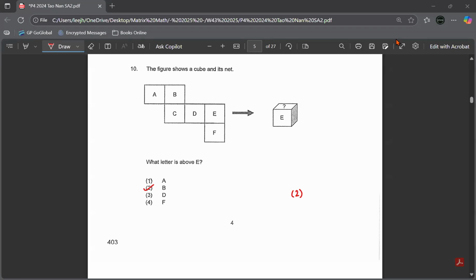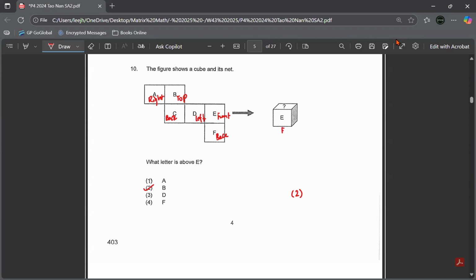Okay, sorry, this is the front. So when you flip, this will be the base. If this is the front, that means this is the left, and this will be the back. So that means this one will flip up to the top, and this is the right. Okay, so the answer is actually B.